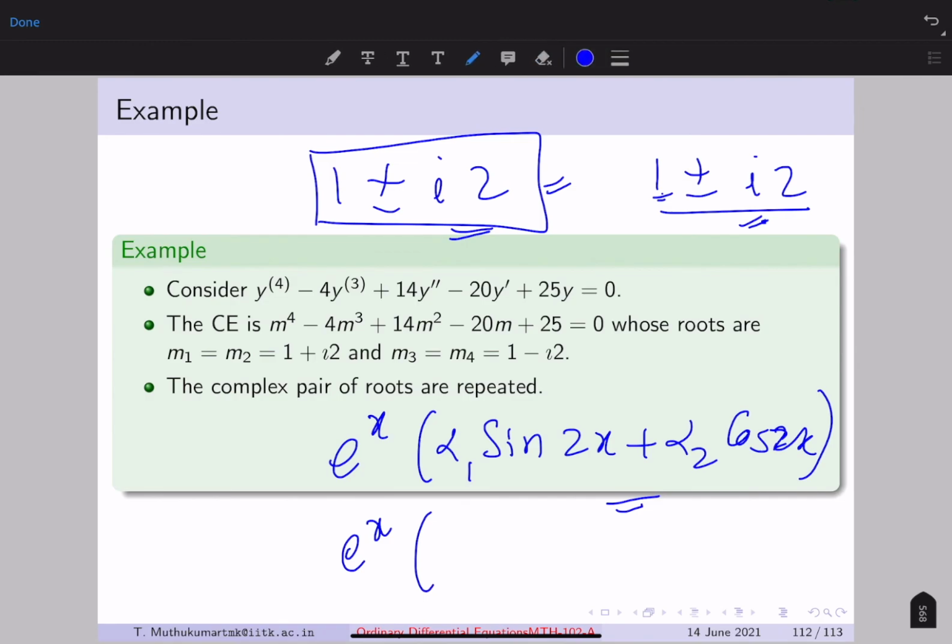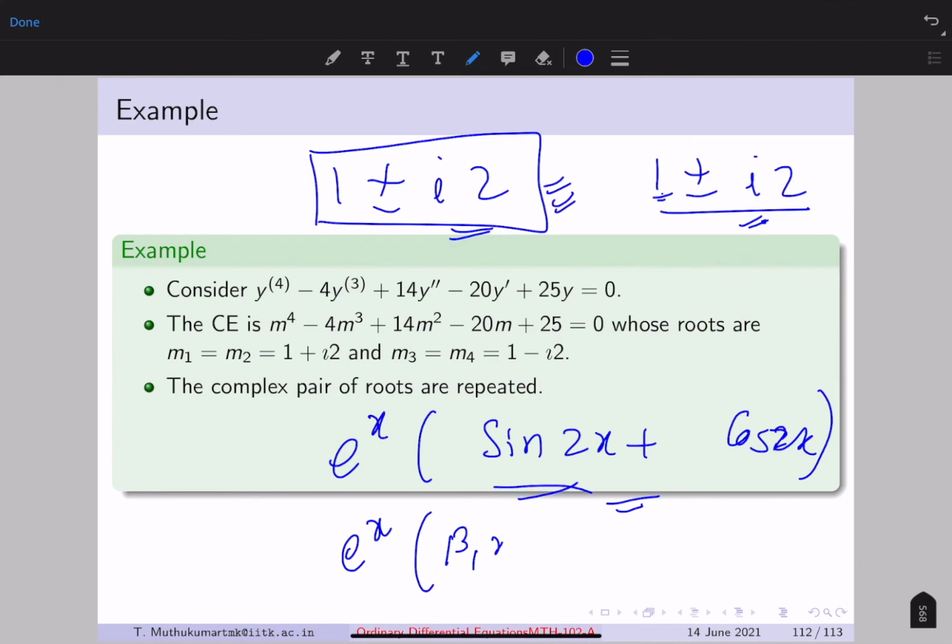So you say beta 1. I should not even say alpha and beta. That is just a linear combination. Let's remove the alpha beta. So this is the solution corresponding to this part.